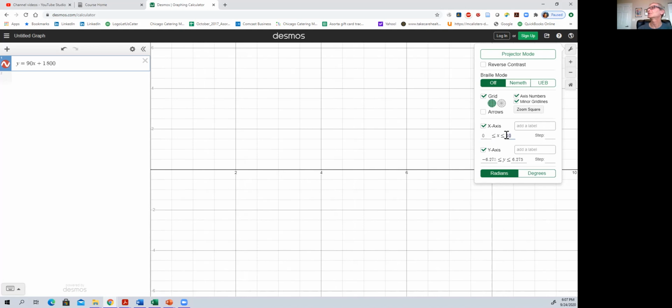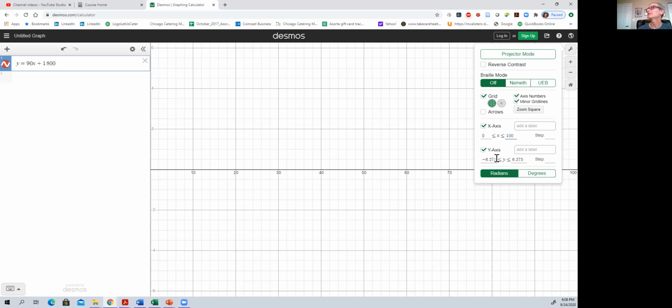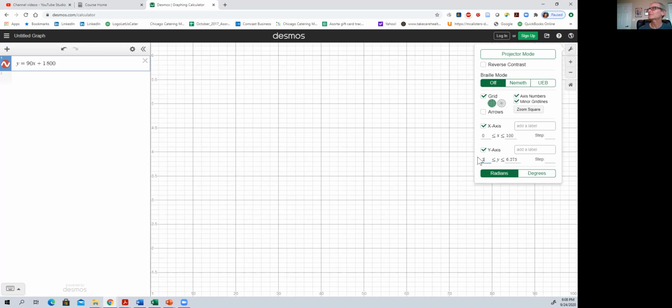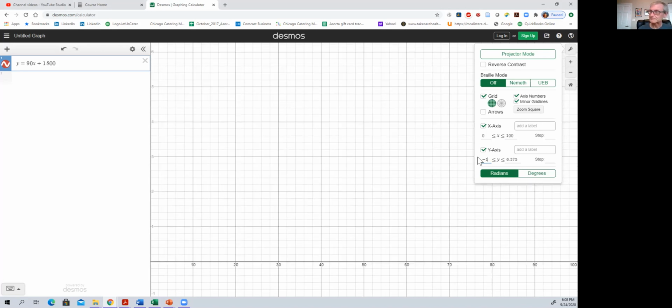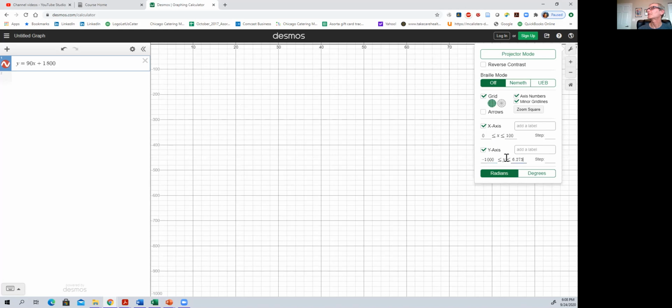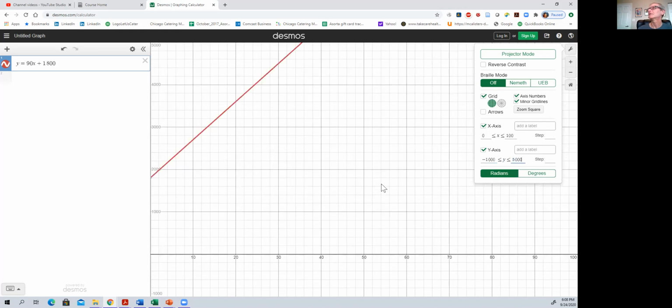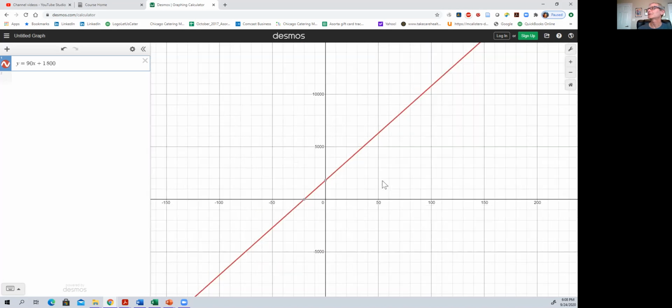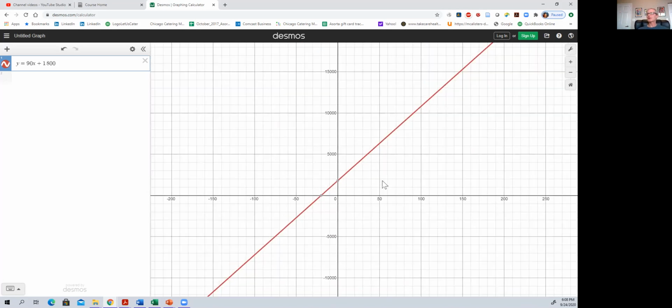And we could go to, say, 100 bikes, and start here at minus 1,000 and go all the way up to 5,000. And so you kind of see we do have scales now where we can see the cost function quite well.